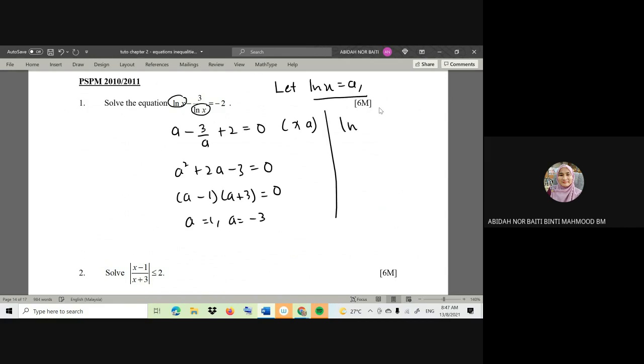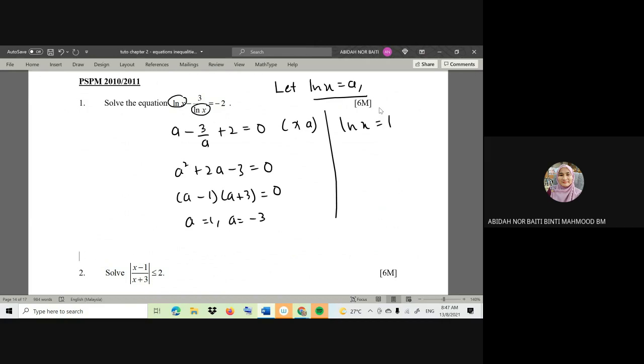So ln X equal to 1. Okay, ln base what? Kalau ln, ln is log with base E. Base E sahaja ya, ln. Ln is a log with base E sahaja.